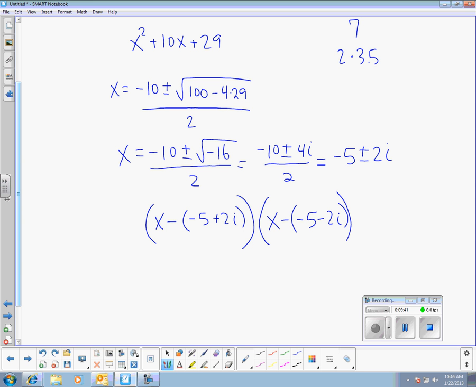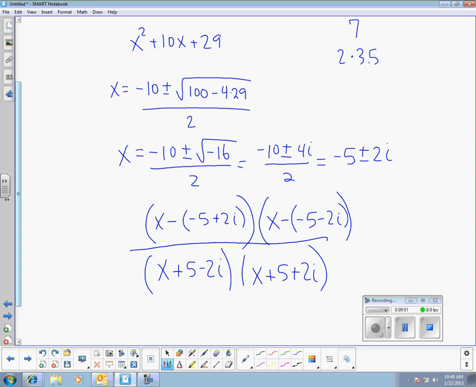Now distribute the negative: x plus 5 minus 2i times x plus 5 plus 2i, and that's factored. So it's not pretty factoring. You normally would just call that prime, but since we're able to deal with imaginaries now, we'll just say that's how you can factor.